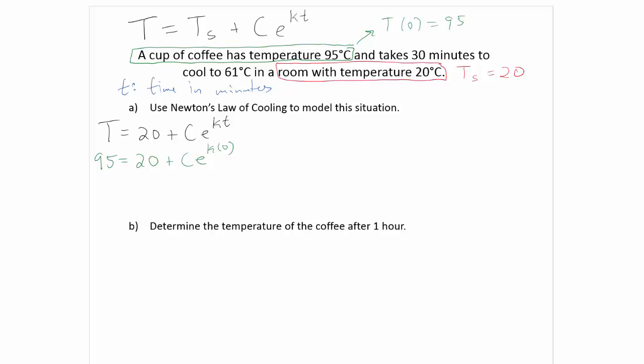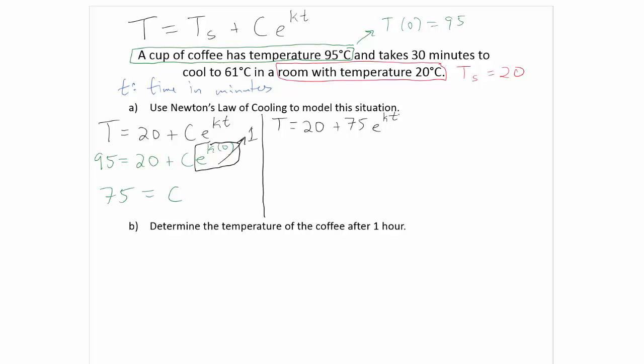So remember, if I take e and raise it to the 0 power, that turns to a 1. And so then subtracting 20 from both sides, we find that c is equal to 75. So we can now revise our model. T is equal to 20 plus 75 e to the kt.